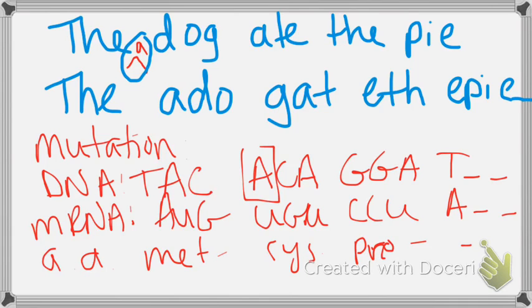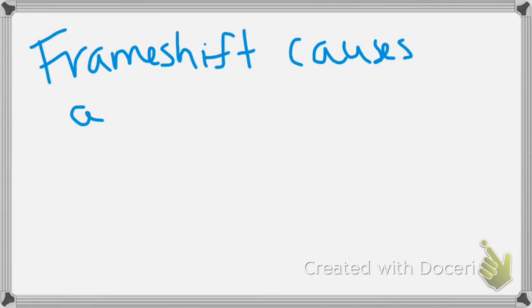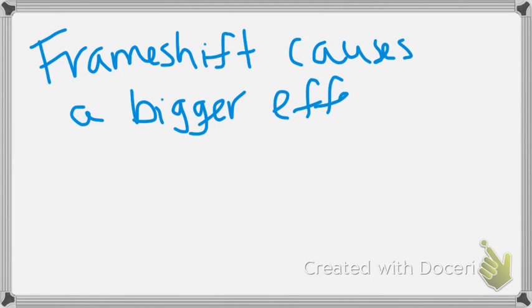Okay, so again, in the insertion, this frame shift mutation, we have shifted the reading frame, causing all of these amino acids after our mutation are now changed. They are different. Okay, so a frame shift causes a bigger effect on the protein produced.